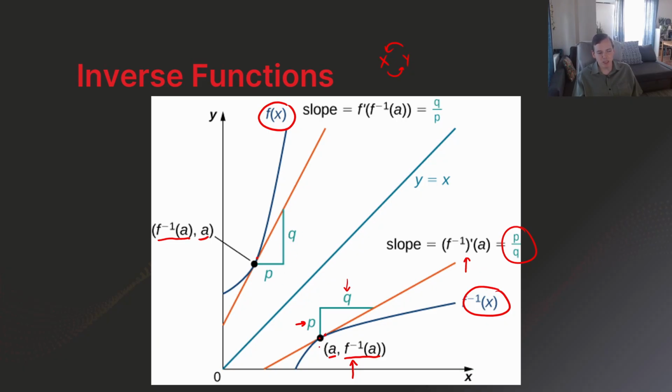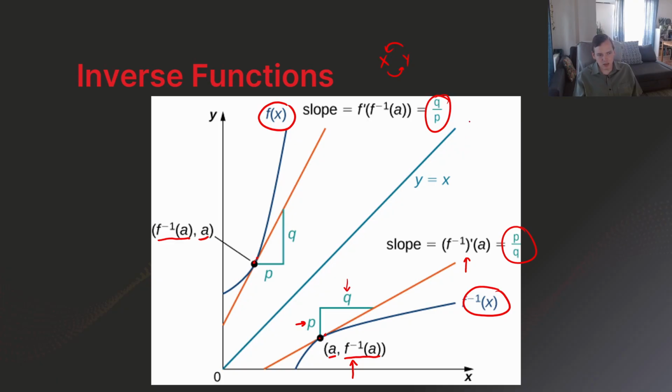So what was my change in height on the inverse function is now my change in width, or change in x, on my original function. Likewise, the change in q is now my change in height. So the slope of the original function at this adjacent point is q over p.